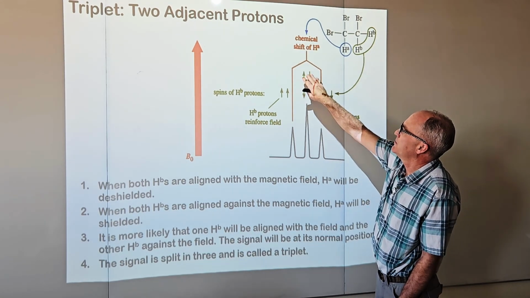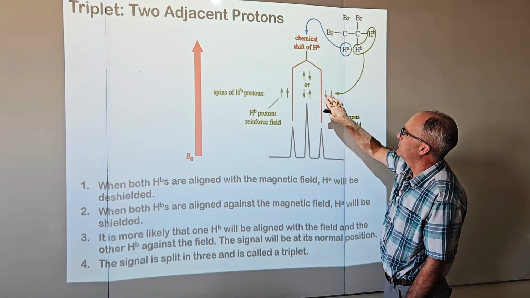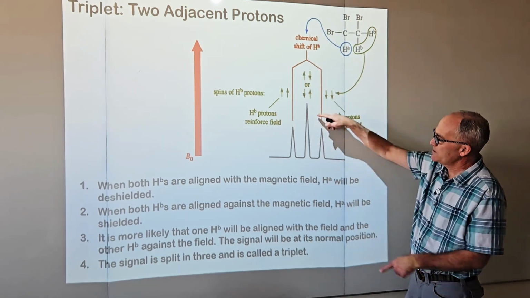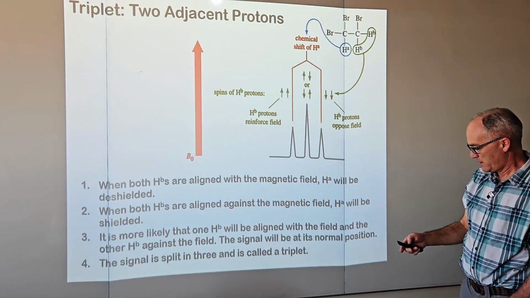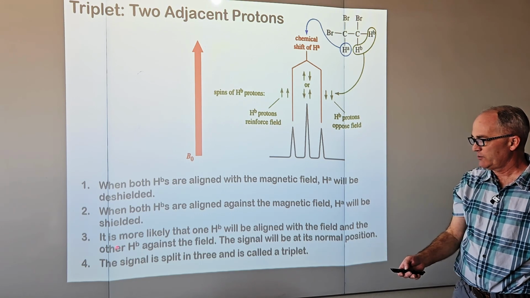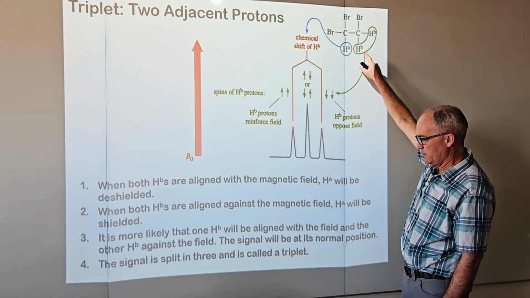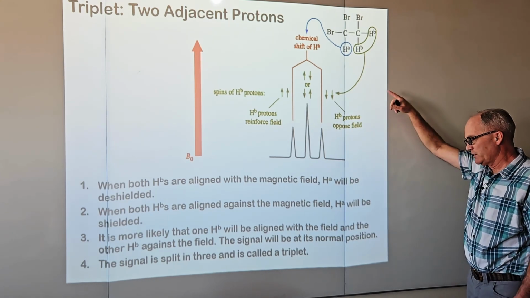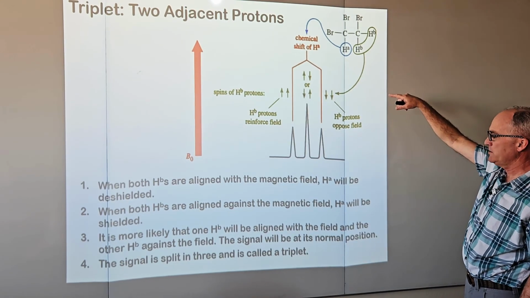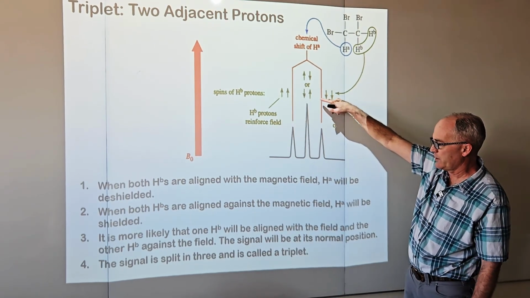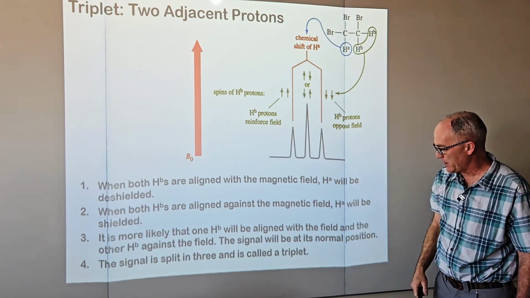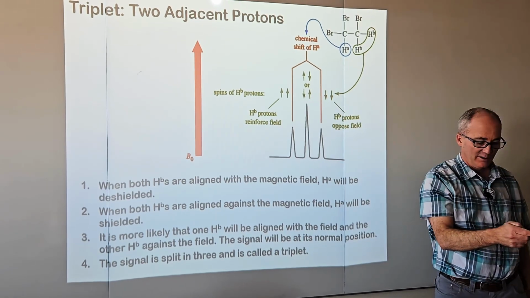But notice here's two probabilities. Here's just one and one. All right, so notice this is taller. That's this point here, number 3. It is more likely that one of these will be aligned with and the other against. And so that's why this is a bit higher, and we get this thing called a triplet.